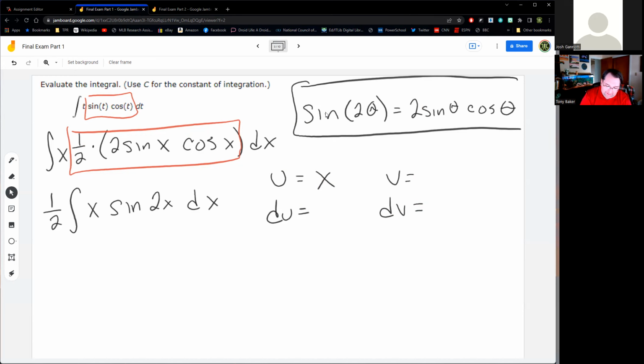So make the x there. So du is just going to be dx. And then I will make this part here the sine 2x dx, which will turn this into negative 1/2 cosine 2x.